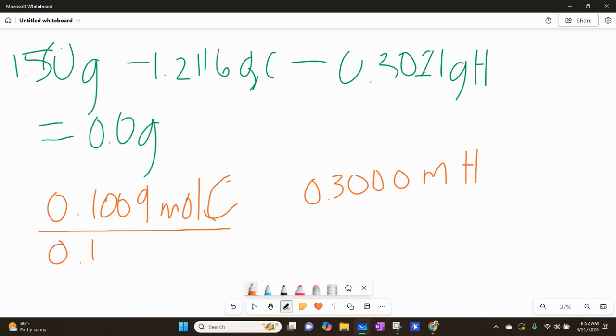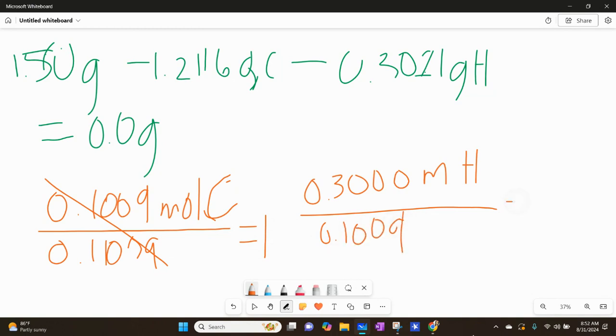We're left with just 1 mole of carbon, and when we divide 0.3000 by 0.1009, we get 2.97, which we are going to round up to 3 because you can't have a part of a molecule.